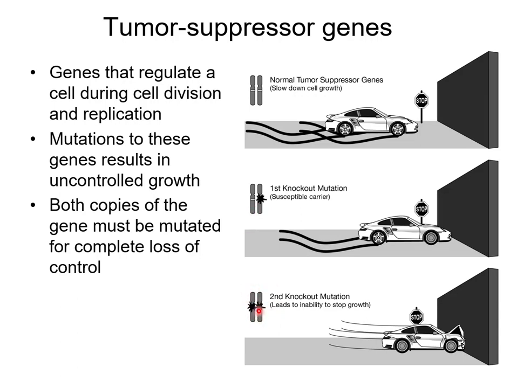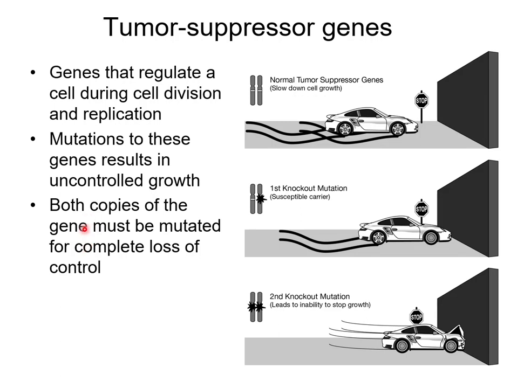But if you mutate both, you're just going to slam right into the wall and grow uncontrolled. And so this is a unique feature with tumor suppressors, is that you have to mutate both copies for complete loss of control.